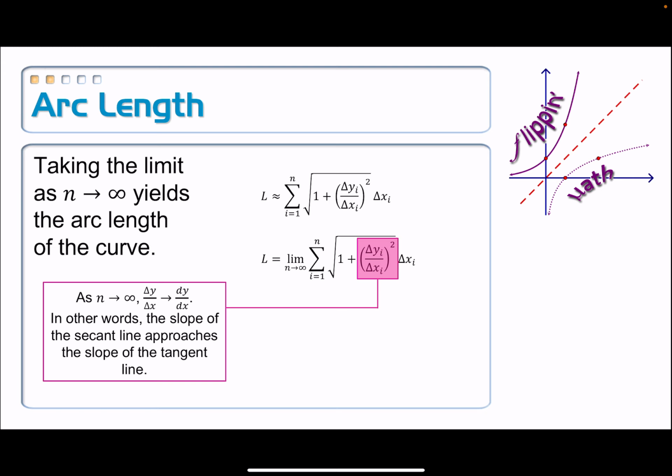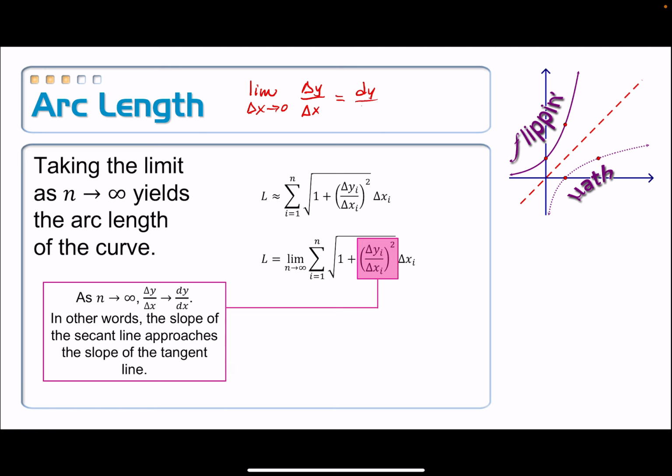So as n approaches infinity, the number of subintervals in our partition increases. Remember that, so the width is going to get closer and closer to 0. So let me take it back a minute. If I take the limit as delta x approaches 0 of the slope of a secant line, delta y over delta x, you get the slope of the tangent line, right?